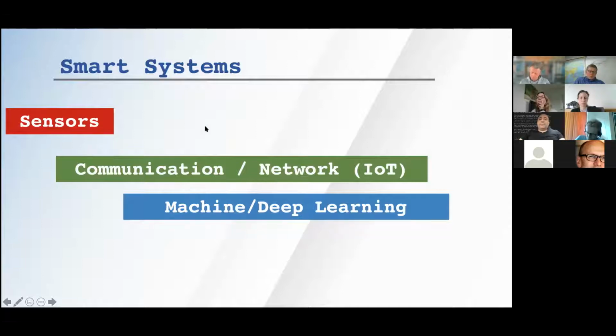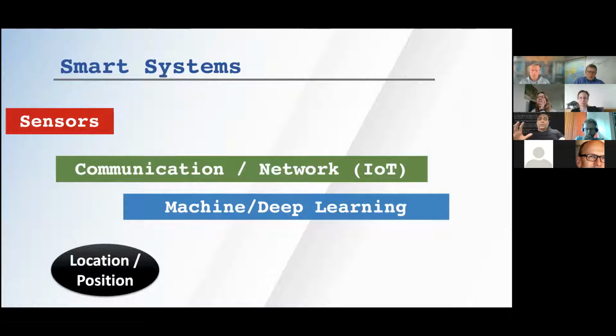By having these three, we can provide a lot of applications and develop a lot of smart systems in any environment, including the built environment, like the smart cities that we will go through. Another important thing that we should not forget about the geomatic-based smart system is the location-based services or positioning system.